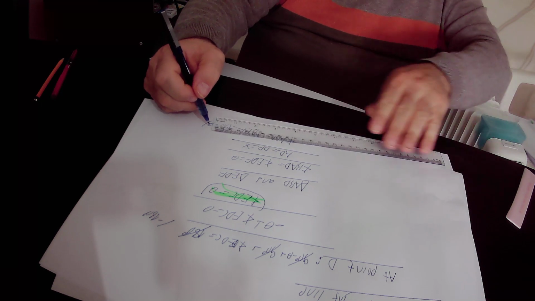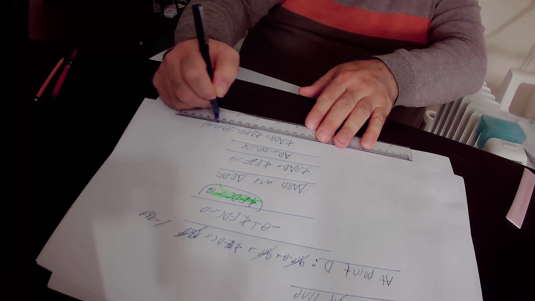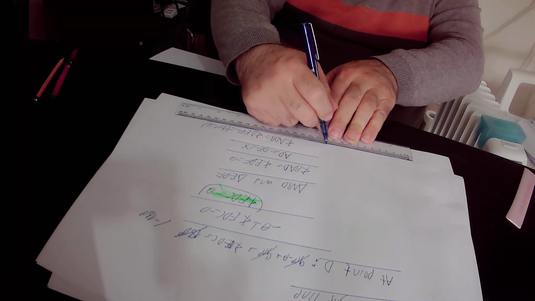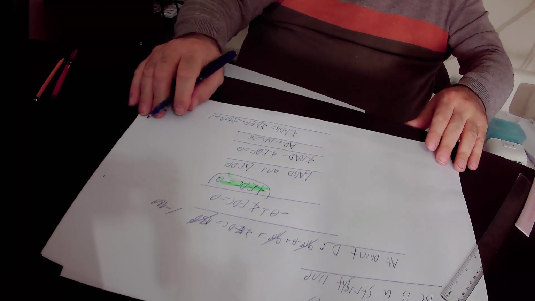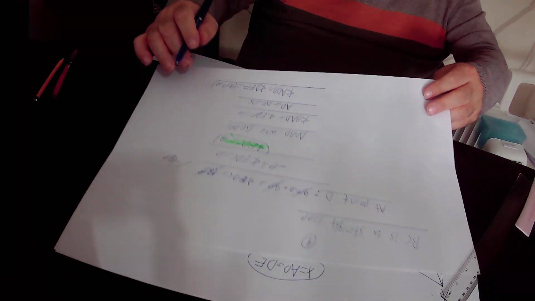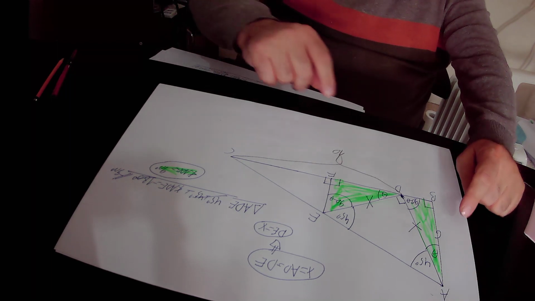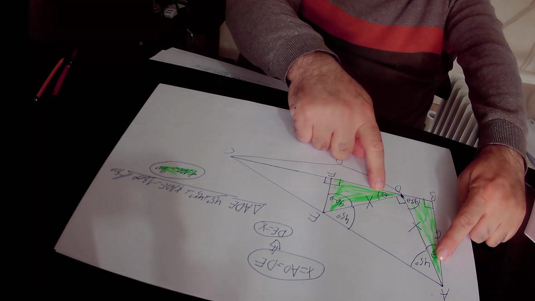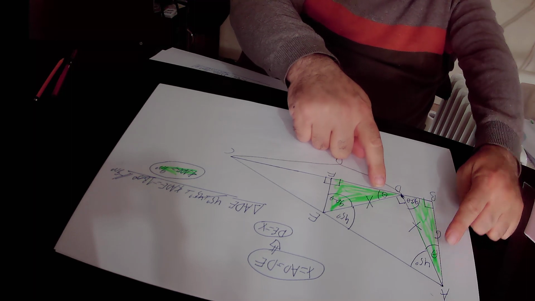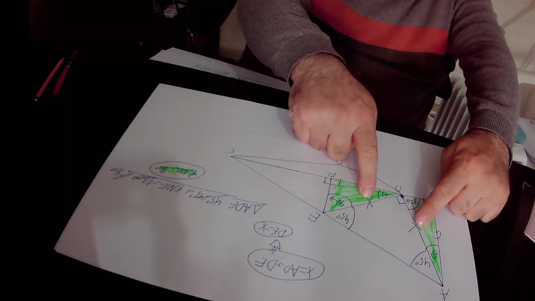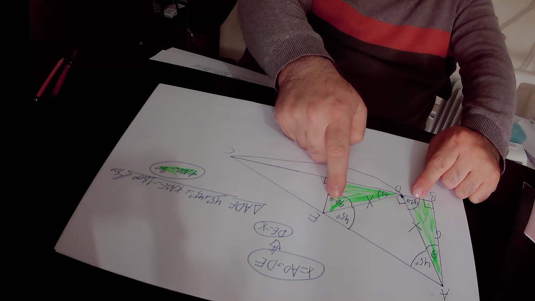So we actually proved that the right green triangle, triangle ABD, is congruent to the right green triangle, triangle EDF, according to the angle side angle rule. We have those two angles equal to each other, those two sides equal to each other, and those two angles also equal to each other.